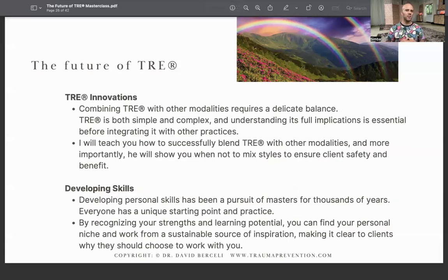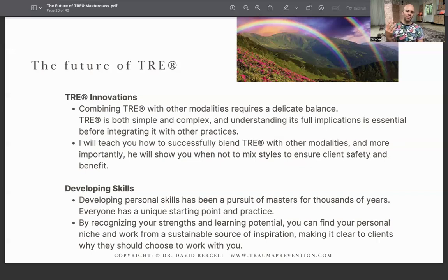When I look at TRE interventions, one of the things that I'm doing is I'm combining TRE with other modalities. And when I say that, I know that might rub some people off and people might be stressed by it because, especially in the therapeutic field, right? You want to do as little as possible to really see what happens with a body, with a nervous system.